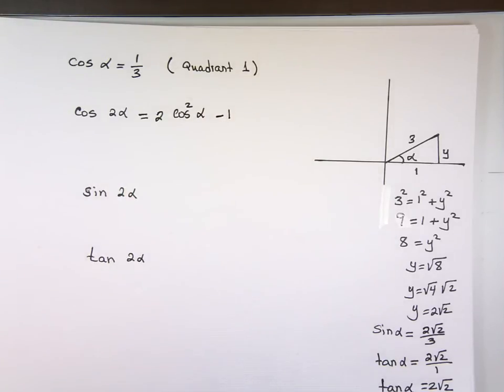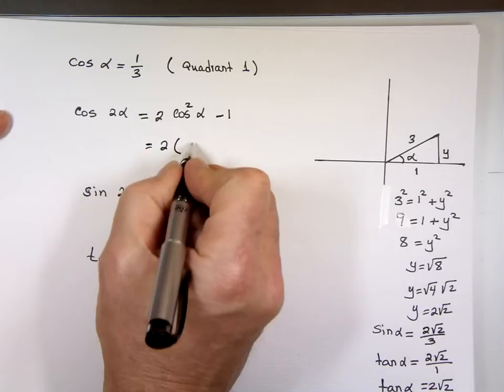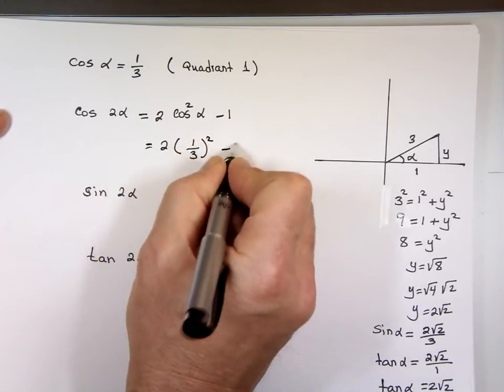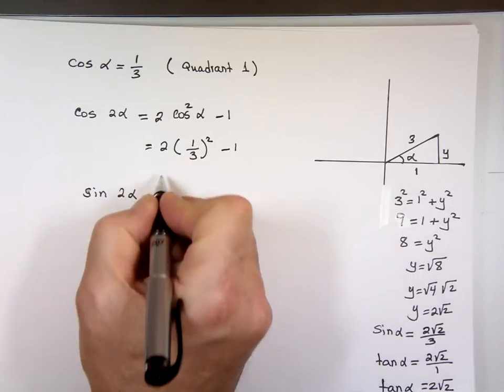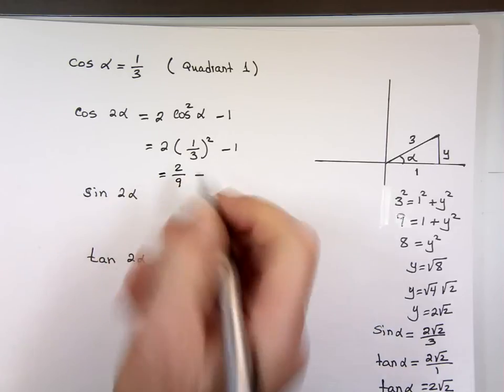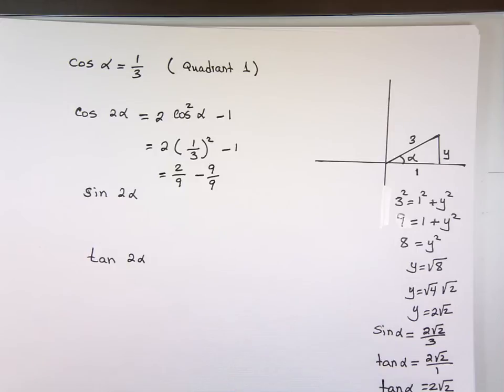So that's going to be 2 times the cosine, which is 1/3. You need to square that. Minus the 1. 1/3 squared is what? 1/9 times 2? That's 2/9 minus the 1. Well, the 1 is 9/9, because if you want to add or subtract, you need your LCD.